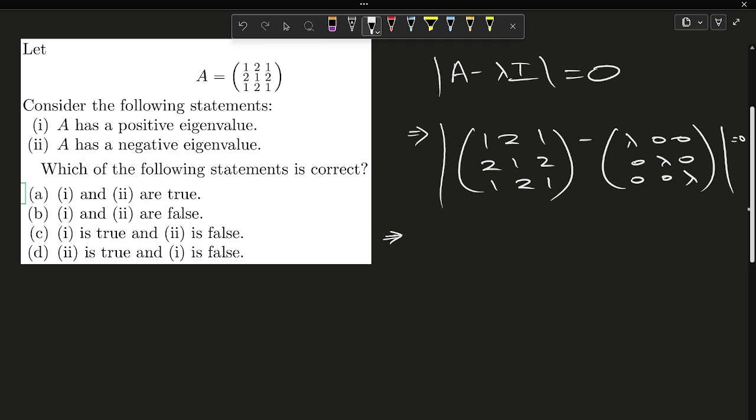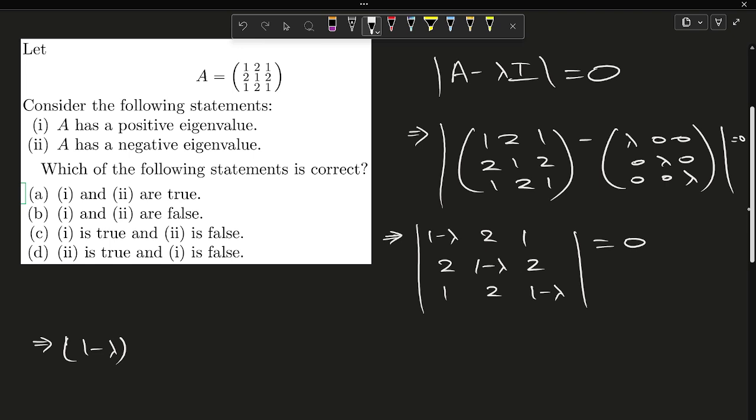So what will happen now? This is the determinant with rows 1 minus lambda, 2, 1; 2, 1 minus lambda, 2; and 1, 2, 1 minus lambda, equal to 0. Now we have to calculate the determinant. How can we do that? We can take the first term, 1 minus lambda. We will get the minor, which is 1 minus lambda, 2, 2, 1 minus lambda.